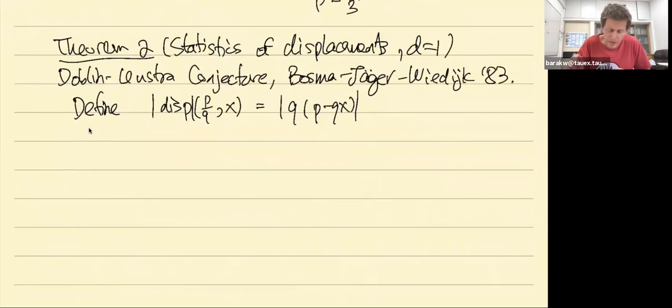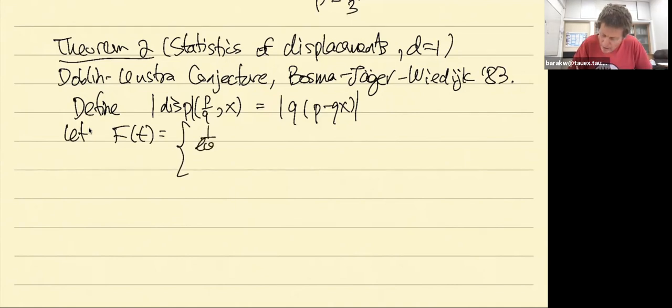And where is it distributed? It's not hard to see by virtue of Dirichlet's theorem. This is always a number between 0 and 1. And the question is, how is it distributed inside the interval 0, 1? And so here's what they proved. I'm defining a function now. F of t is a piecewise analytic function.